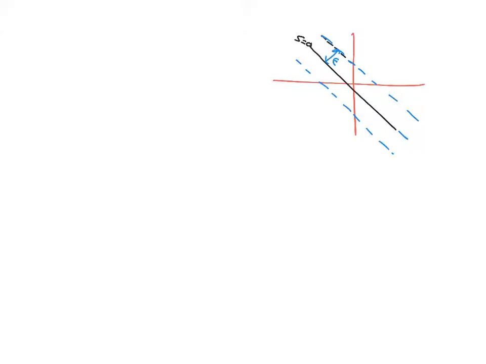So what happens when I'm outside this boundary? In that case my u equals minus beta x sign of s, because here I'm applying sign of s outside that boundary.